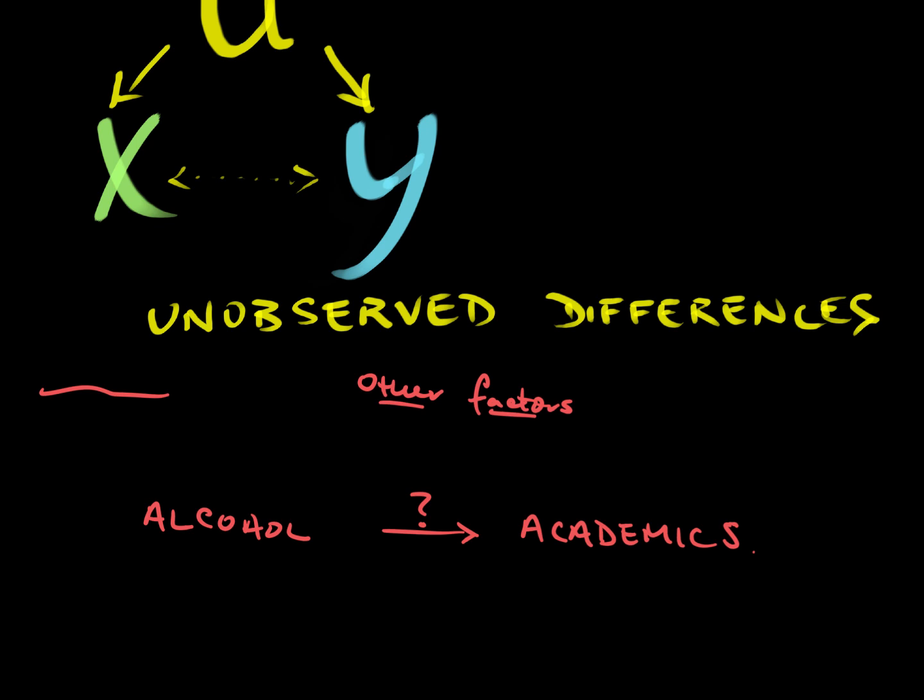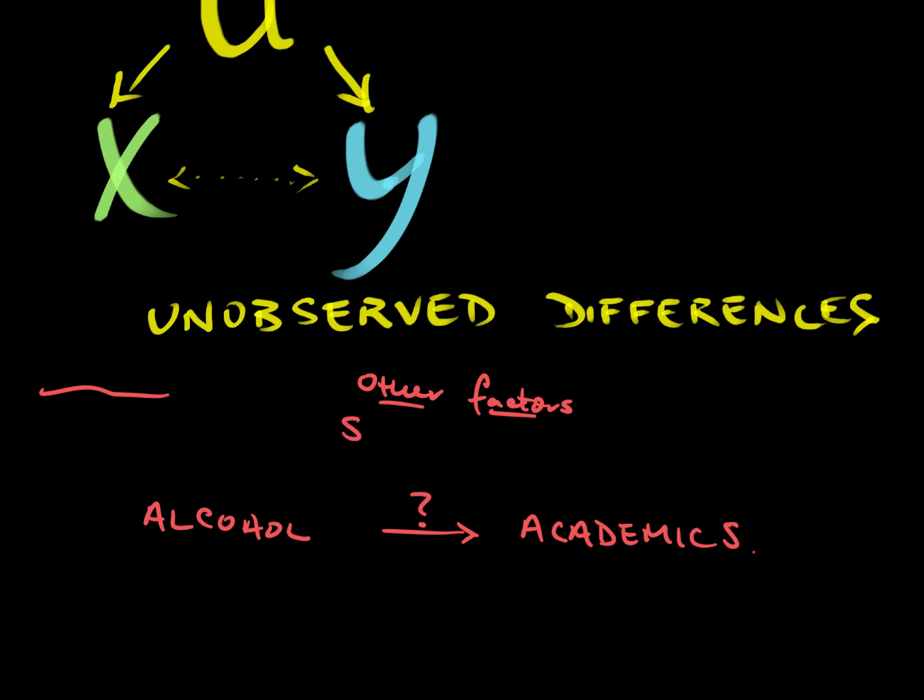Just brainstorming, what types of things might pop to your mind? Is there something else that is associated with alcohol consumption that might actually be the thing impacting academics? Sleep deprivation.